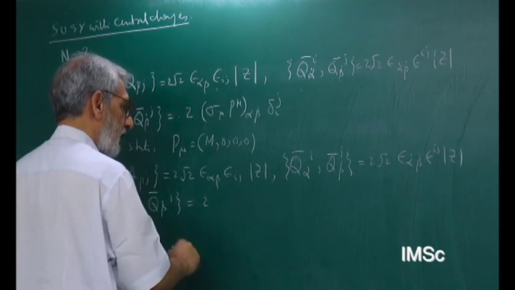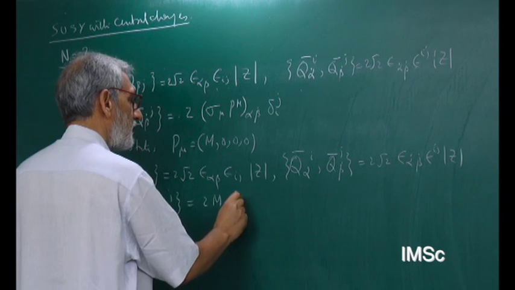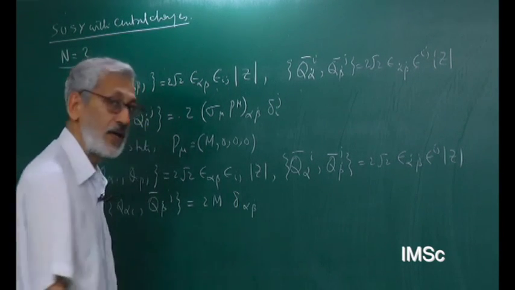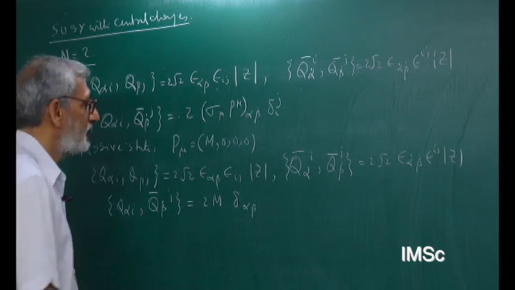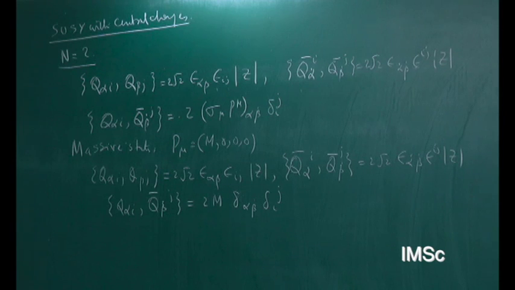Since only one component of P mu is there, M sigma 0 alpha beta is delta alpha beta, that's a unit matrix. And I takes values 1 and 2, and so does J, because we are doing N equal to 2 supersymmetry.